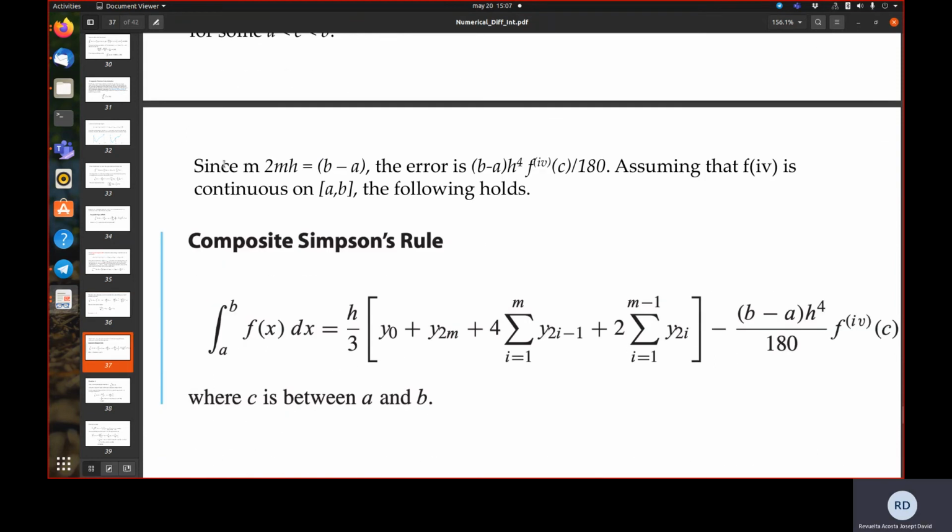And then we have the same addition. So here, the value of m could be simplified as this: 2mh is equal to b minus a. Why? Because h now is equal to b minus a divided by 2m. Why 2m? Because we have subintervals.